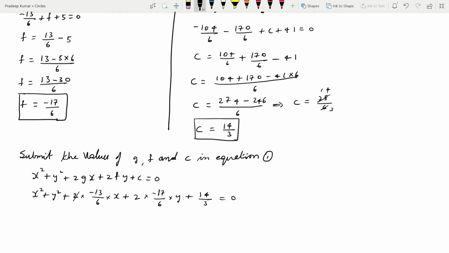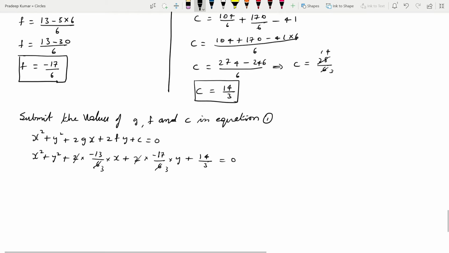So we'll be just cancelling 2 1s and this is 2 3s, whereas this also 2 1s and this is 2 3s. So we'll just write the remaining, or we even have to do LCM here, so that we'll be getting this as 3x square plus 3y square, and the remaining elements are here minus 13x, this is minus 17y, this is plus 14, whole by 3, right?